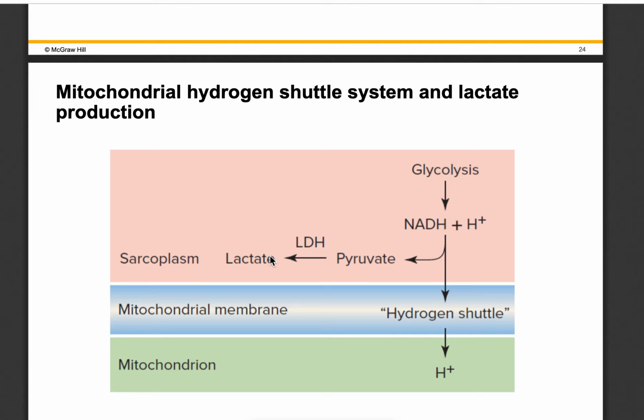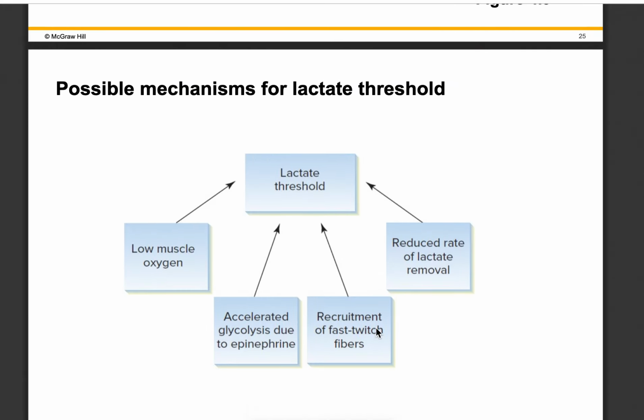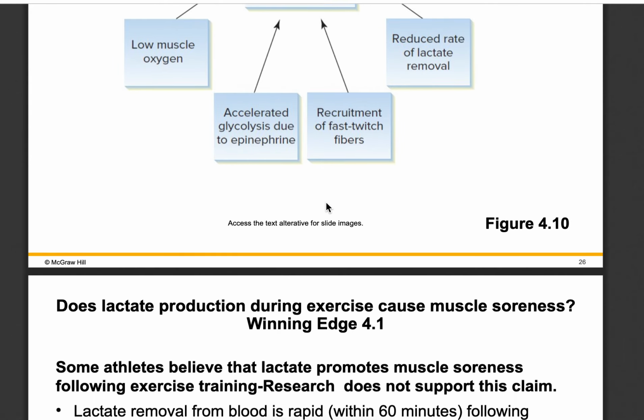It'll take that hydrogen off and make pyruvate into lactate, and that causes that buildup as well. So there's a lot of different pieces that could be affecting it, and it's not saying that one is right and one is wrong. It could be different person to person and what's going on inside of their bodies. And so again, that leads into that full system of what lactate threshold looks like.